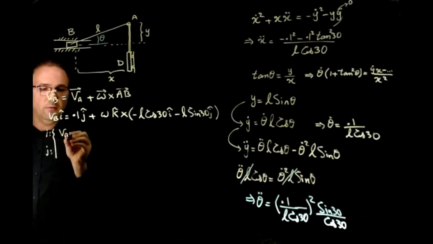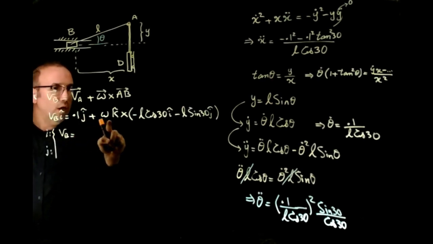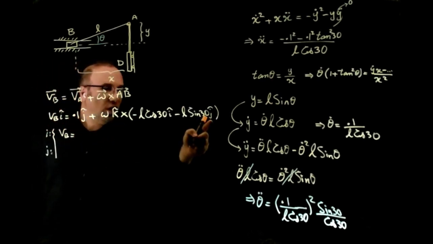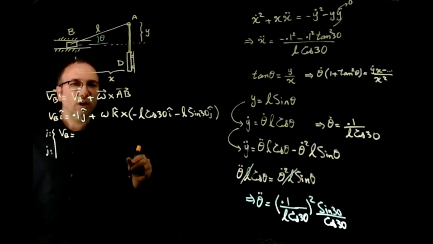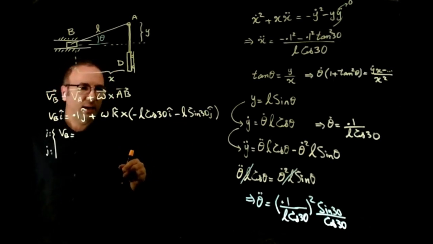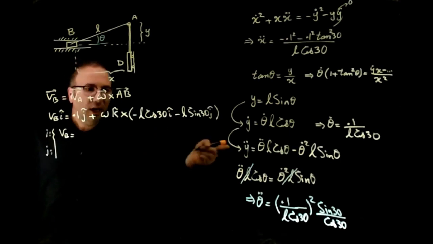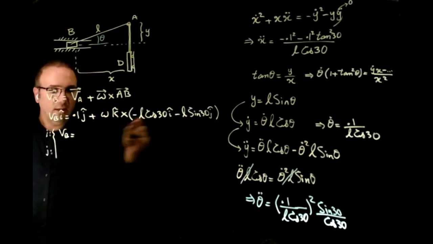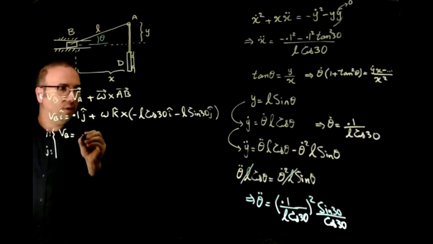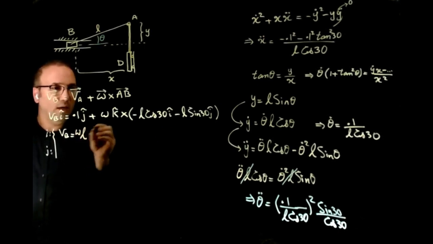For I, I get VB equals to, you see, K hat cross J hat. K hat cross J hat becomes negative I hat because IJK and K cross J is negative I. And I have another negative here, so it is positive. It becomes omega L sine 30.